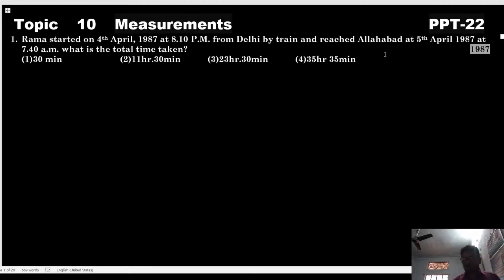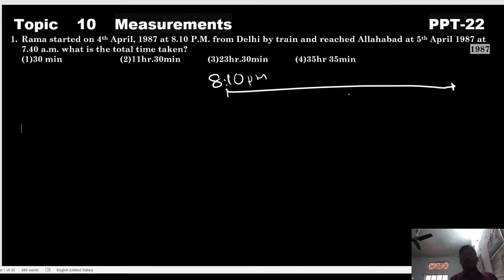So here Rama started the journey on 4th April 1987 at 10 minutes past 8, 8:10 pm, from Delhi by train and reached Allahabad on 5th April 1987 at 40 minutes past 7 am.